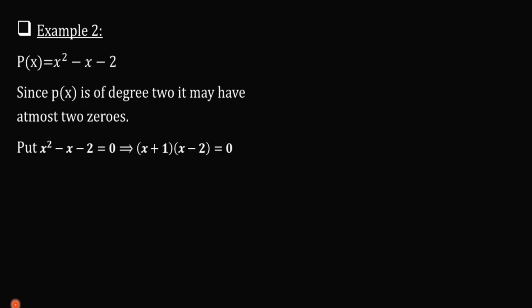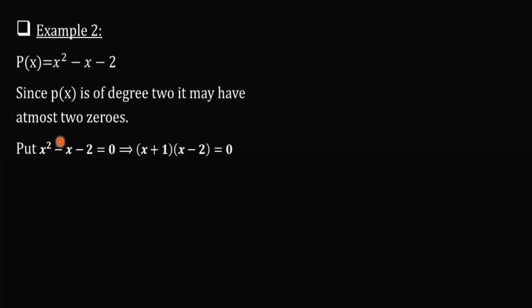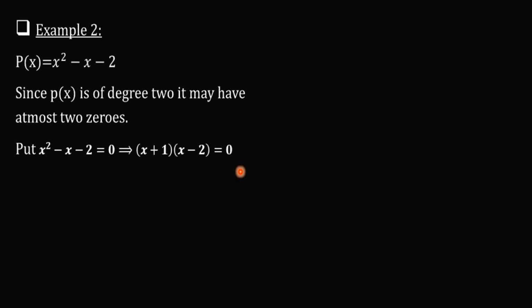In order to find the zeros, put x square minus x minus 2 equal to 0. In order to factorize this polynomial, we have to find two numbers whose product is negative 2 and sum is negative 1. What are those numbers? 1 and negative 2, that is, 1 into negative 2 gives negative 2, and 1 plus negative 2 gives negative 1. Now we can factorize this polynomial into x plus 1 into x minus 2, which is equal to 0.